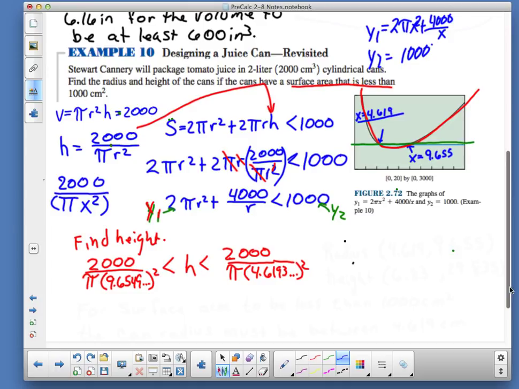So after I put this function in my calculator in the main screen, I hit enter, and I was able to come up with my answer for my height. And then I went back in, did my trace, came up with my other 9.655, went back to my main screen, hit second, recall, and put this back in because x is now 9.655, and I ran it and came up with my other h.